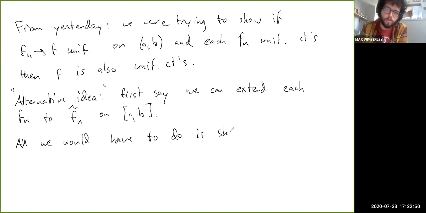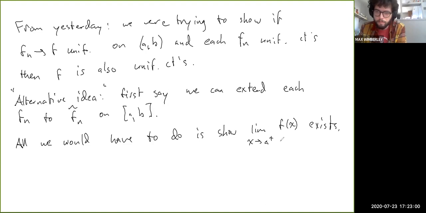is show that the limit as x approaches a from above of f of x exists. In general, this would be enough. Similarly, the limit as x approaches b from below of f of x exists.